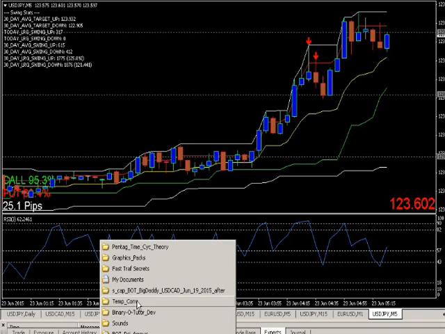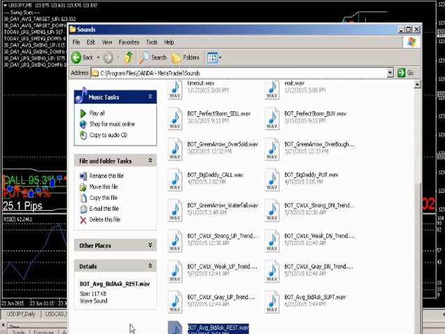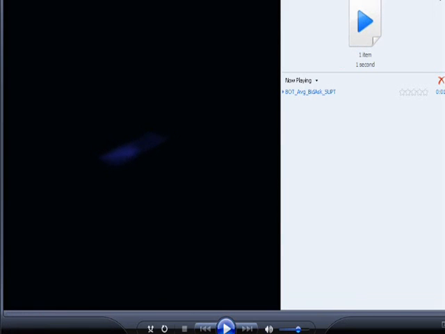That's the sound that we have affixed to the lower support.